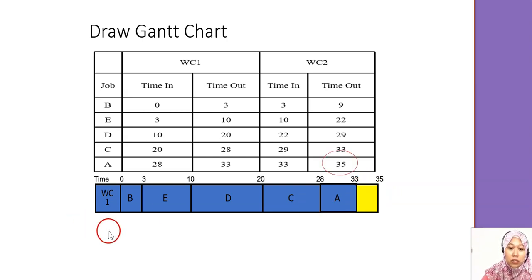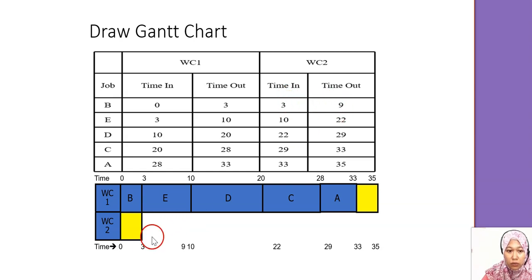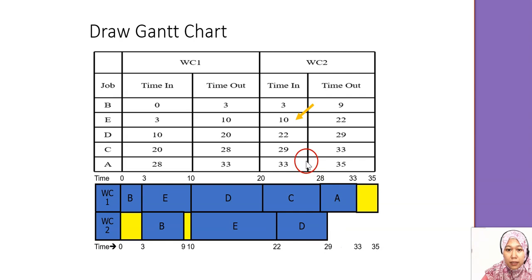Next we're going to start with machine 2. Machine 2 first, we have 0 to 3 with no activity, so 0 to 3 is going to be idle, and then we only start at 3 to 9, so 3 to 9 is B, and then we have 9 to 10, we have 1 hour here, remember, so we only start at 10 to 22 for E, and then 22 to 29, and then 29 to 33, and then we have 33 to 35.